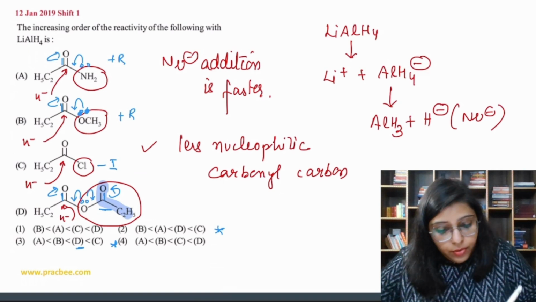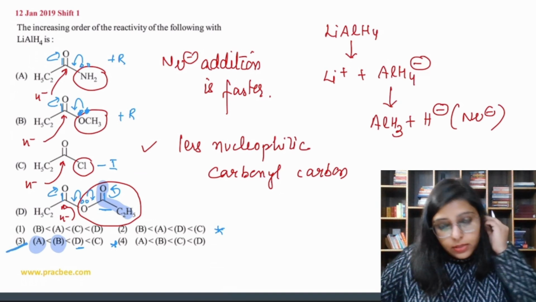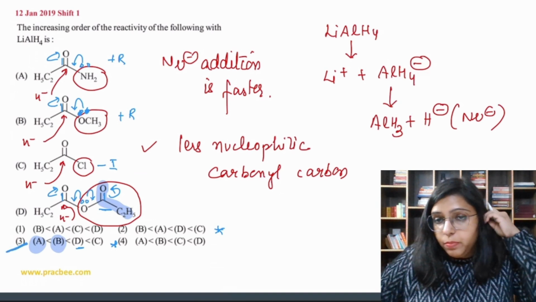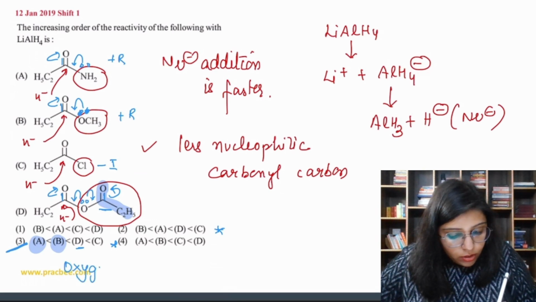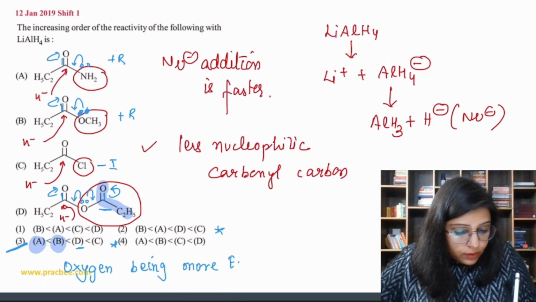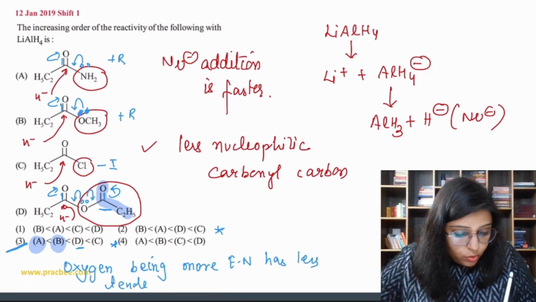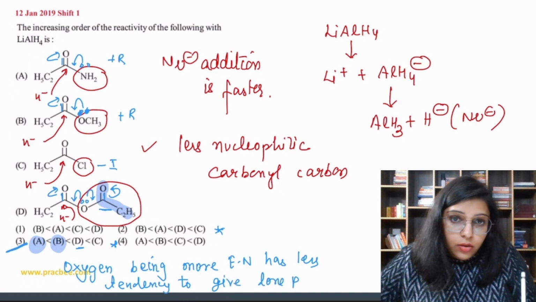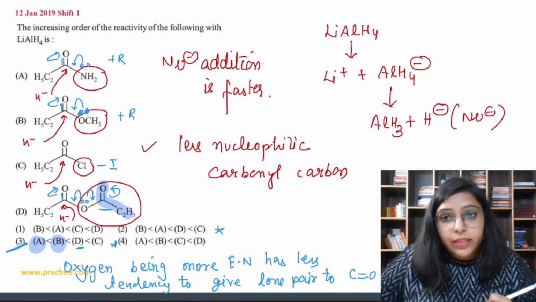So then we have B and then A. So option 3 is going to be the correct answer. How do we compare B and A? Oxygen being more electronegative has less tendency to give lone pair to the C double bond O. That's why we have option number 3 as the correct answer.